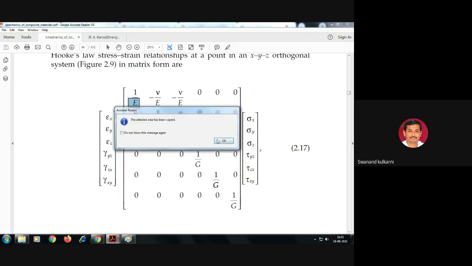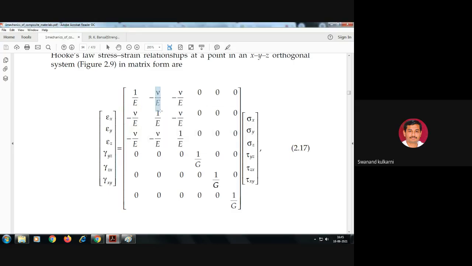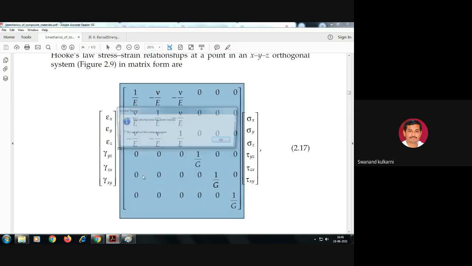Then this minus mu, that is also a material property, and so is 1 upon G. So this particular matrix will get calculated based on the material properties, and the relationship between stress and strain will be ensured with this matrix of material properties.